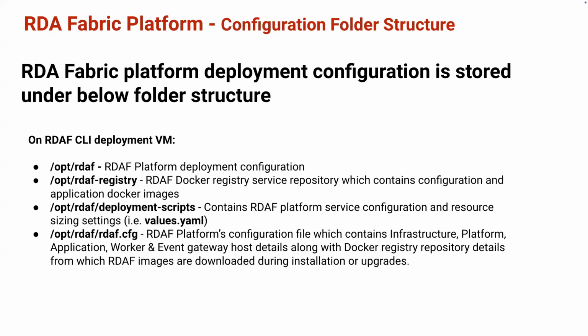And then rdaf.cfg under the /opt/rdaf folder. This is one of the critical configuration files, which has the information about how many RDAF Fabric platforms are deployed among how many distributed VMs, what those VM IP addresses are, and which VMs are for deploying infrastructure services, and which VMs are for platform services, application services, and worker services.